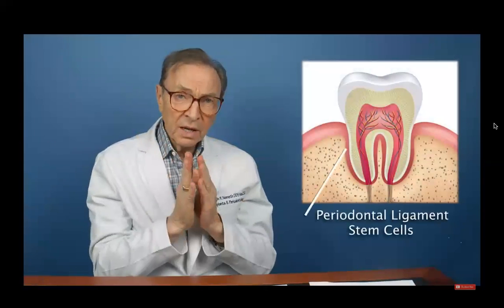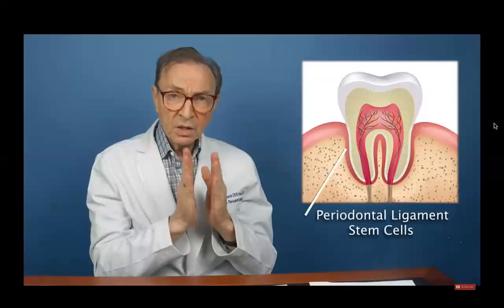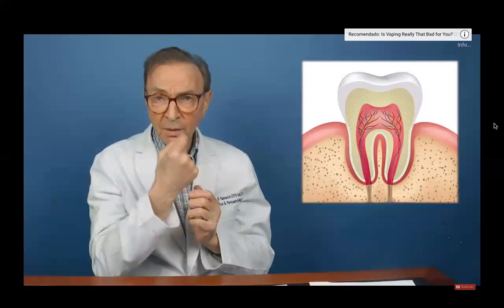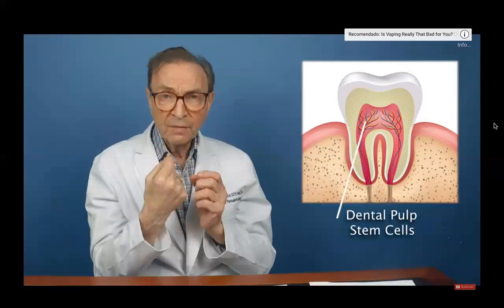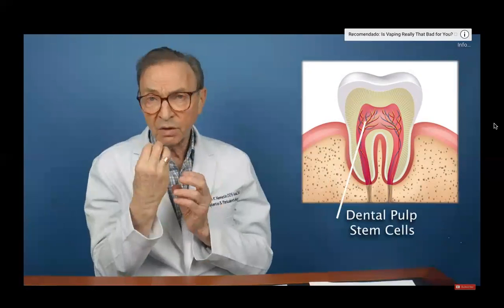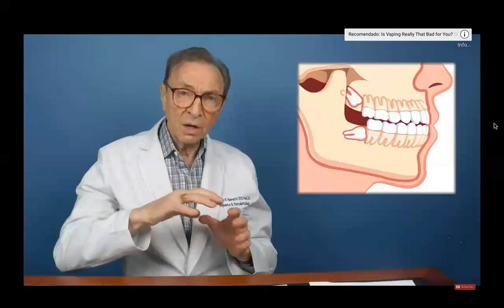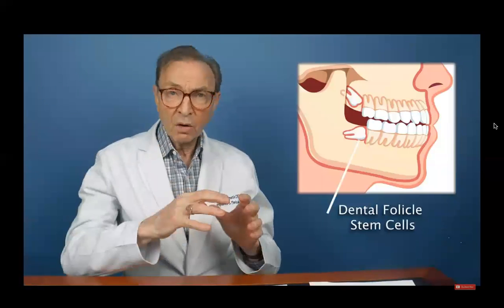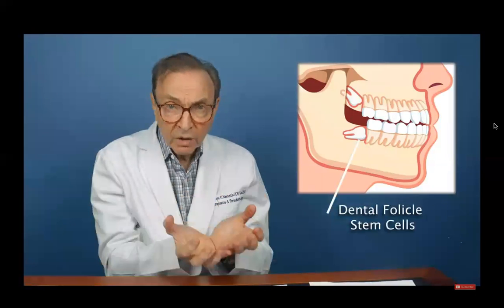Now, there are five different sources of stem cells in the mouth around teeth. There are stem cells from the ligament, the tissue between the tooth and the bone. There are stem cells in the pulp, or the center of the tooth, where the blood supply and the nerve are. There are stem cells around the follicle, of a baby tooth that's developed before it comes into the mouth.